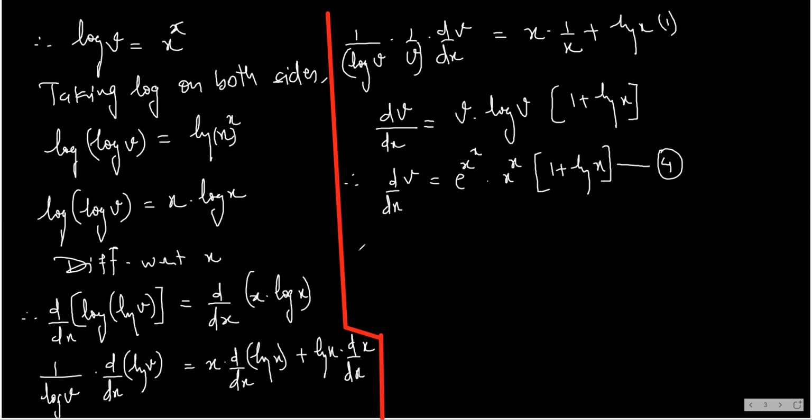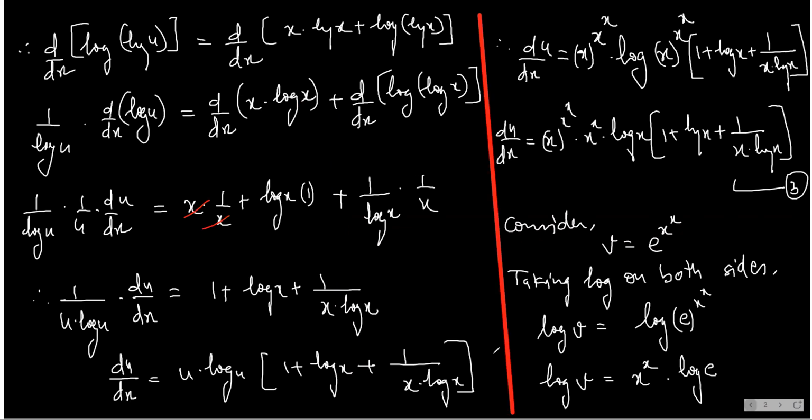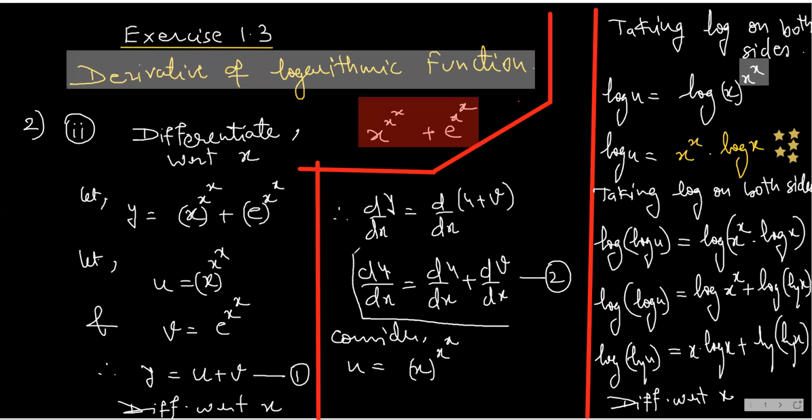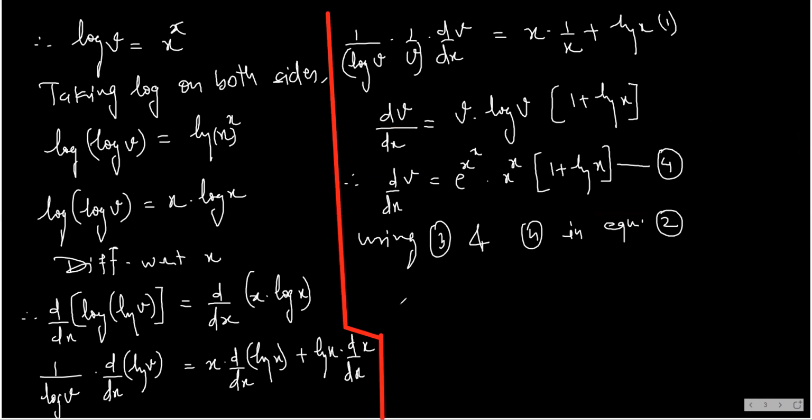So now I can write using 3 and 4 in equation 2. So this is equation 2. And when you do that, you get the final answer. What do you get?